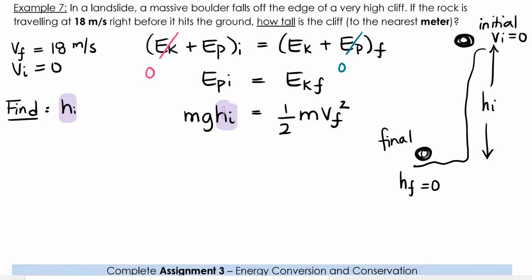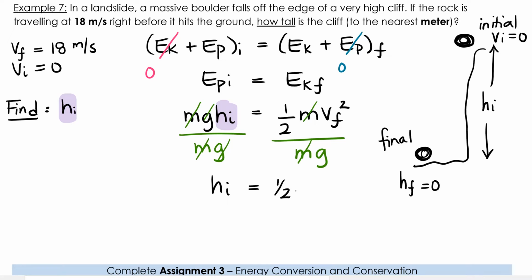In order to isolate HI, we will divide each side of the equation by mass times gravity. This will cancel out the m and the g on the same side as HI. It'll also cancel out the m on the other side of the equation. So we're left with H initial equals 1/2 times V final squared all over g.